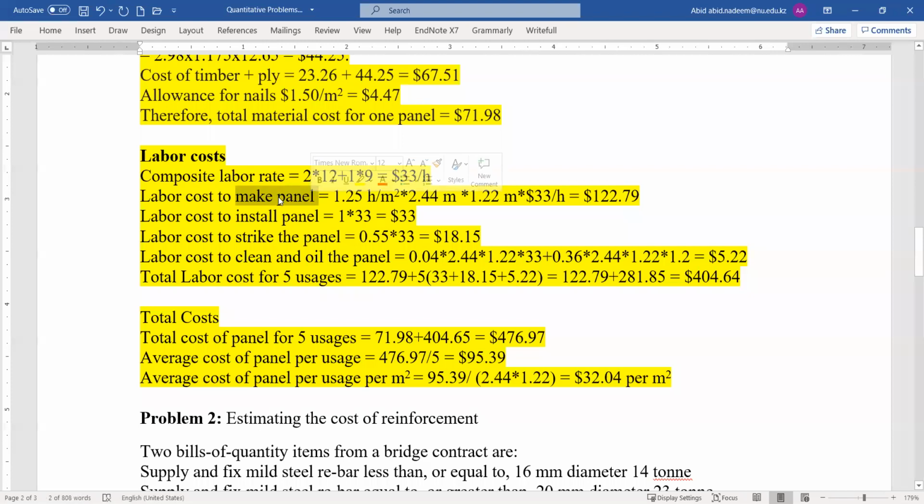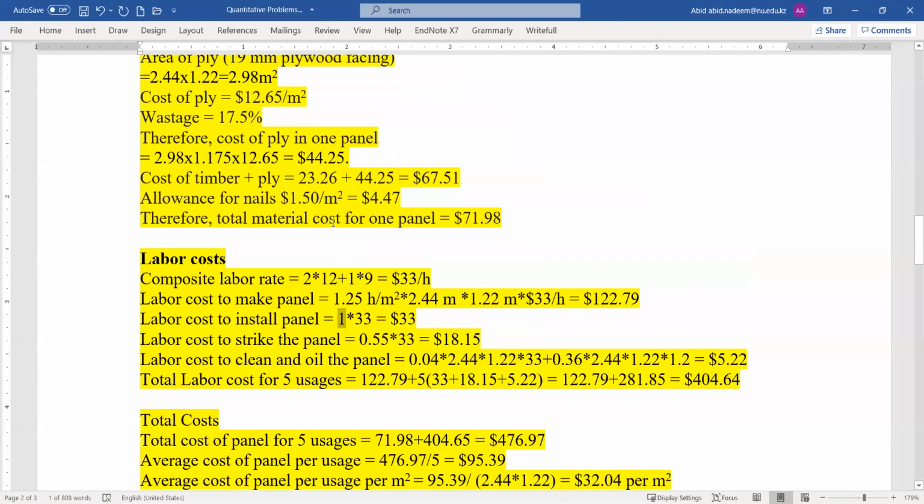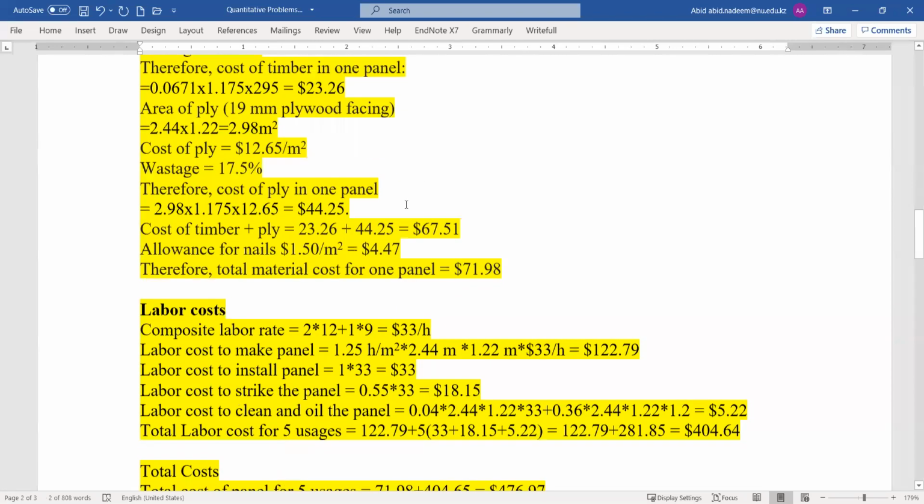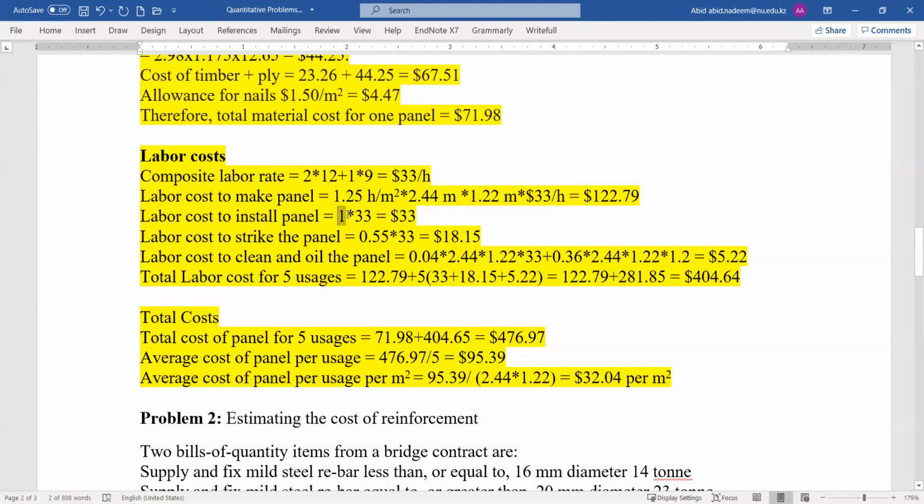So after we have made the panel, the panel has to be installed. For installing the panel, 1 hour is needed per panel, not per square meter. So if 1 hour is needed for one panel, the cost will be $33 because $33 is the composite labor cost.